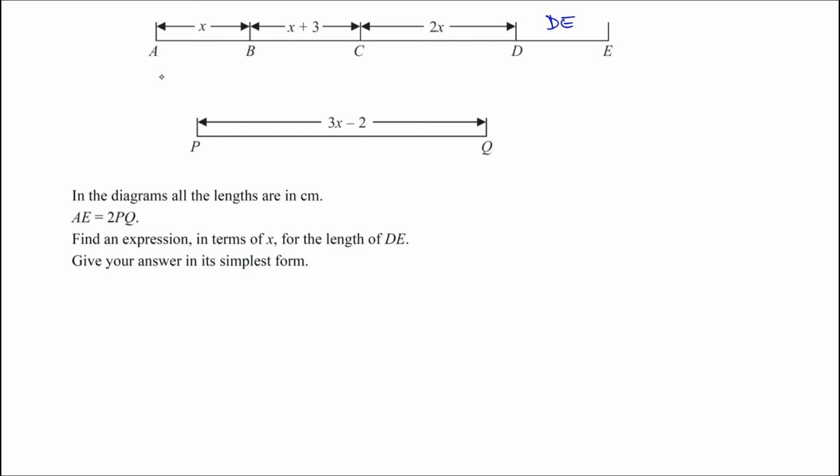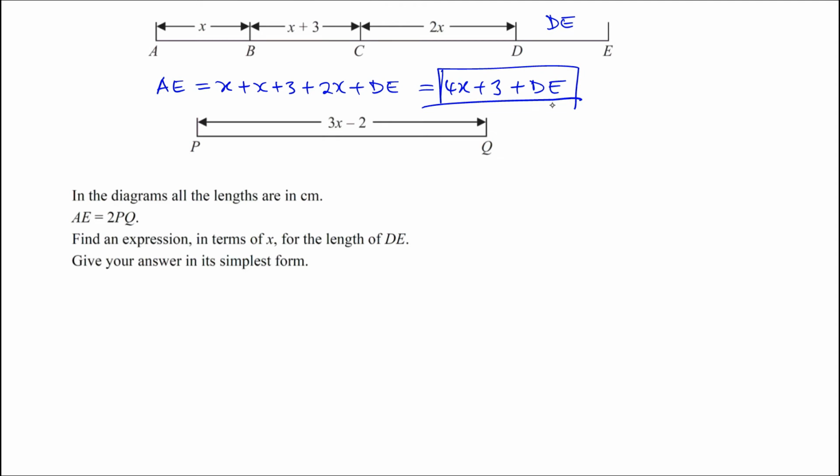So let's first of all start by finding the length AE. AE will be equal to x plus 3 plus 2x plus DE, and that will be equal to 4x plus 3 plus DE. Okay, so that is AE.